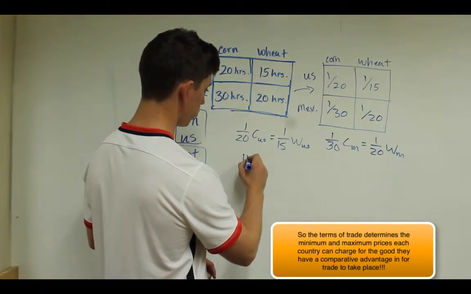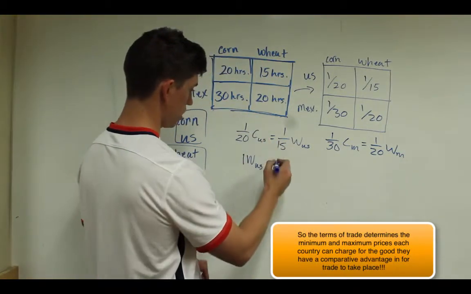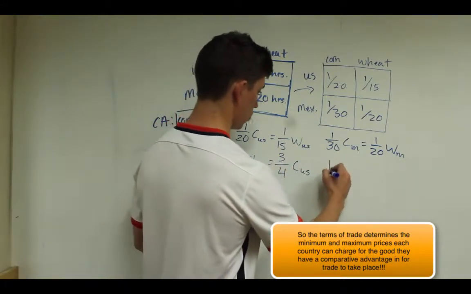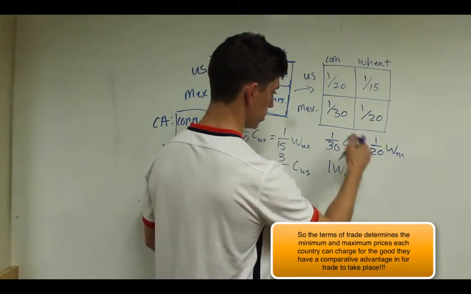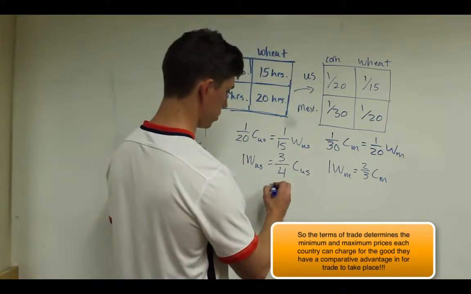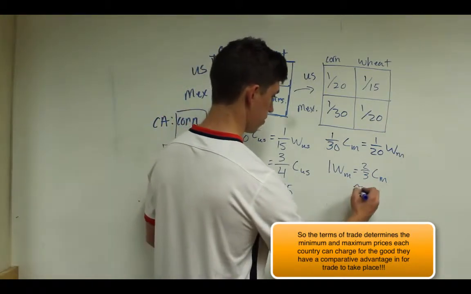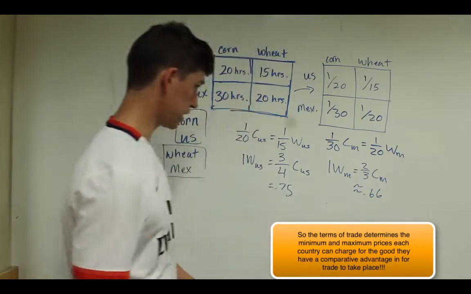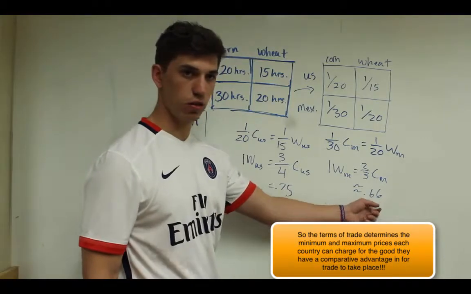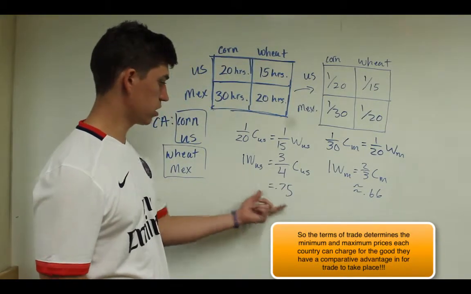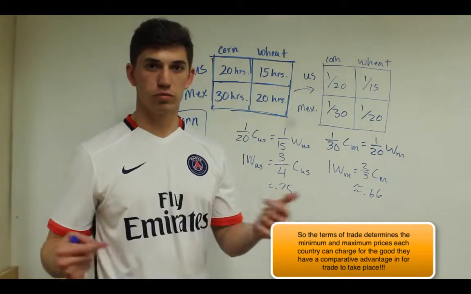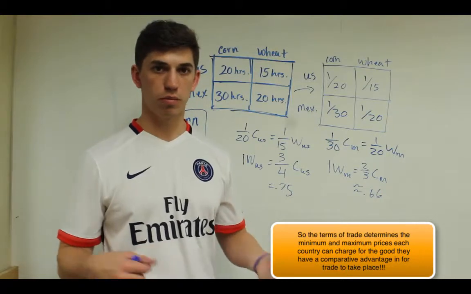So this means that 1 wheat in the U.S., if I multiply over, is equal to 3/4 corn in the U.S., and 1 wheat in Mexico is equal to 2/3 corn in Mexico, right, which is 0.75, and that's approximately 0.66, which again is how we found that Mexico indeed has the comparative advantage in wheat, because their opportunity cost is lower, and the U.S.'s opportunity cost is higher for this good. So again, they will agree to some terms of trade, some price that's in between their two opportunity costs.